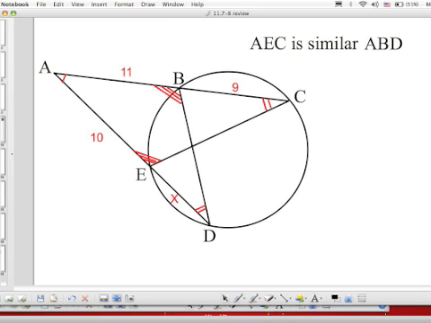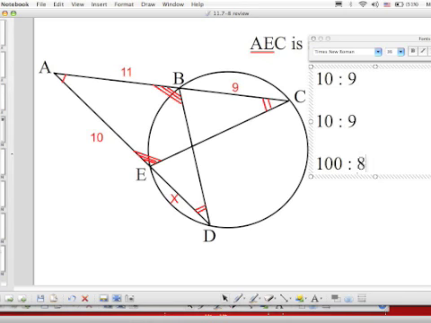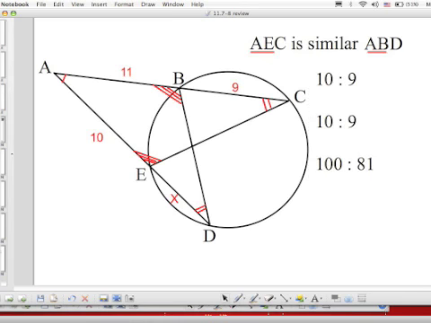All right, knowing that, the next question is, what is the scale factor of these two things? Well, for the scale factor, we need to identify parts that we know. If you look at AB, its corresponding side is AE, and we know both of those. So our scale factor, going in the order of the triangles, triangle AEC is 10 to 9, which means my perimeter ratio is also 10 to 9, and my area ratio would be 100 to 81.